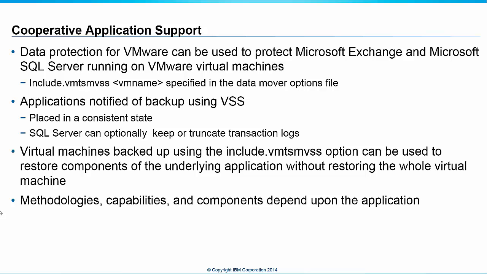The way you do that is you use this include.vm tsm vss statement in the data mover options file when you do the backup for the specific virtual machines that host Microsoft Exchange and Microsoft SQL Server.